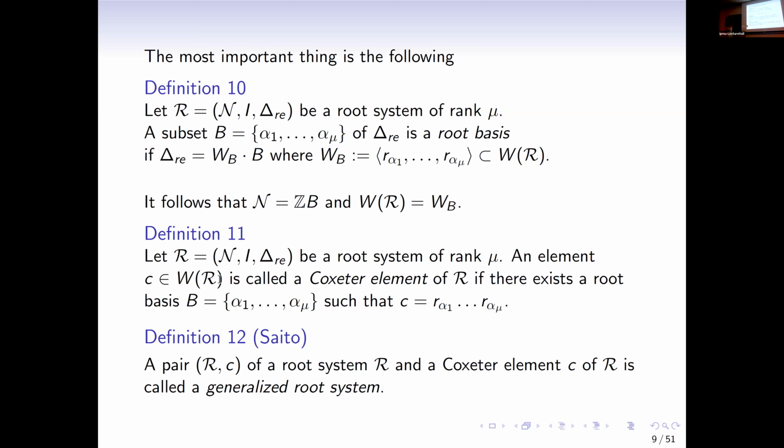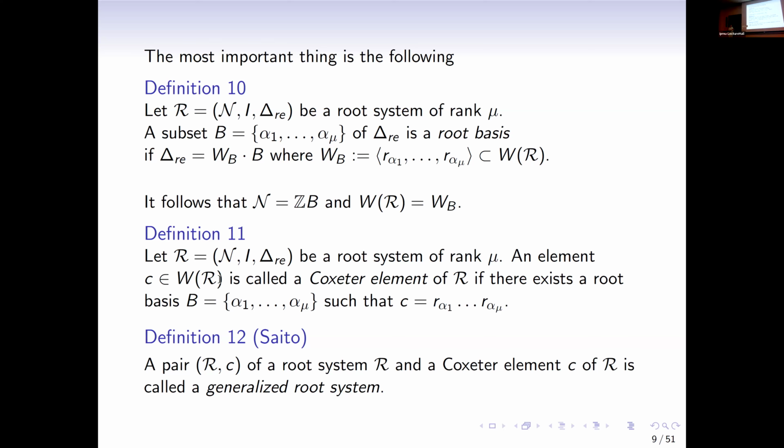In terms of this root basis, we can consider a Coxeter element. Because as I mentioned before, the Weyl group is not necessarily a Coxeter group, so there is no natural notion of Coxeter element. So one needs some characterization or definition of a Coxeter element in this setting, and this is done by using this root basis.